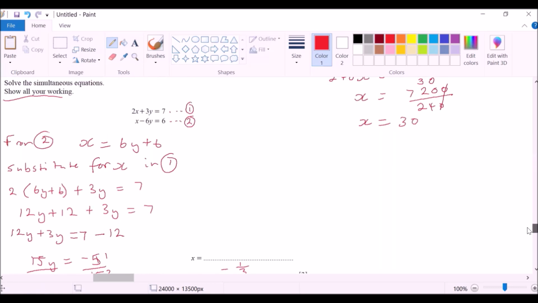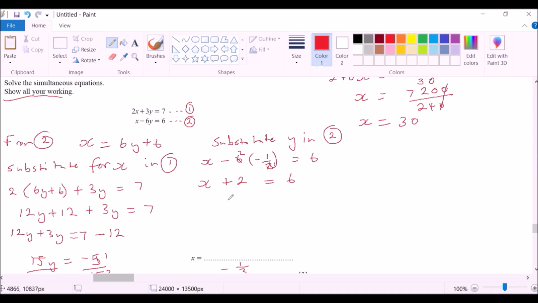Now we can substitute y in 2. X minus 6 times minus 1/3 is equal to 6. Minus times minus is plus. 3 into 3, 1. 3 into 6, 2, plus 2 is equal to 6.